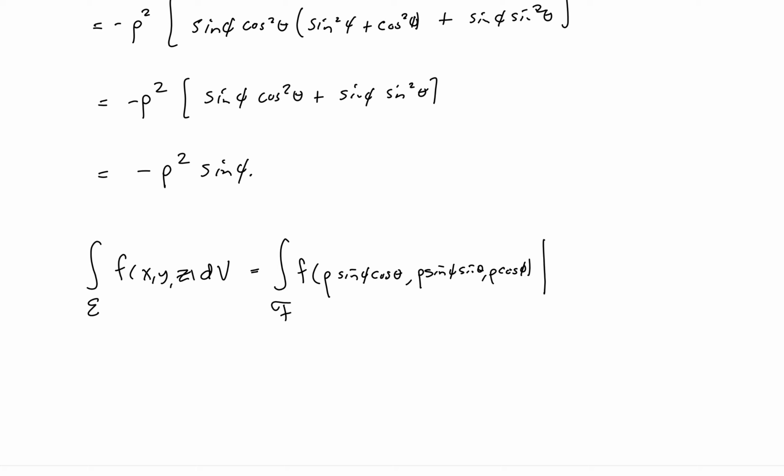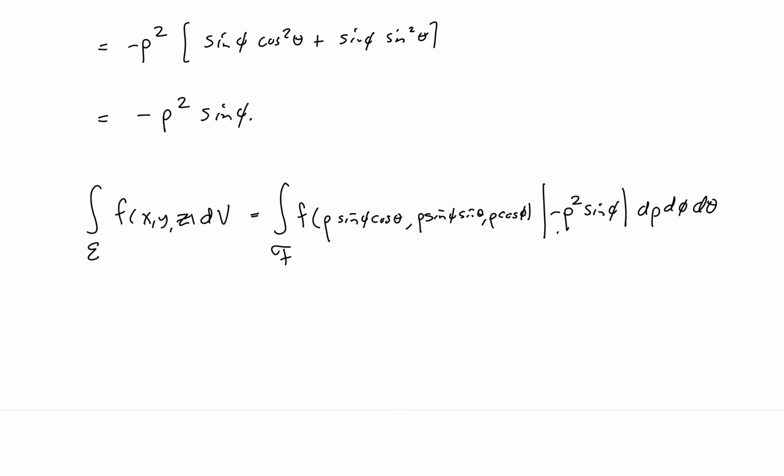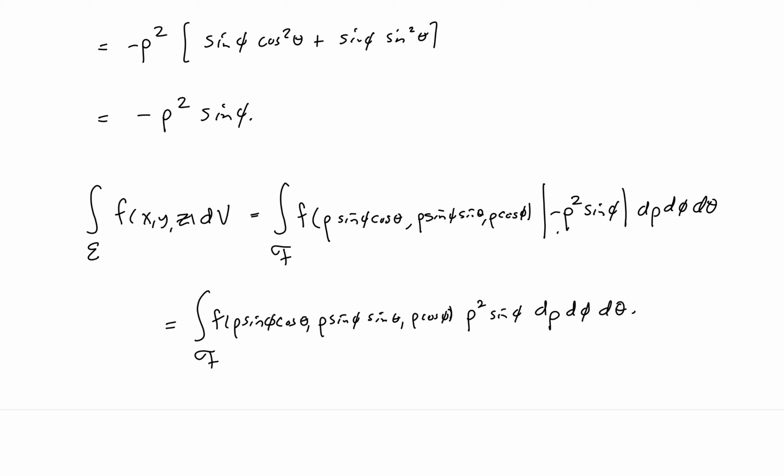And now I get the absolute value of the Jacobian, d rho, d phi, d theta, and that gives us exactly the transformation formula for spherical coordinates, because that absolute value gets rid of our negative there with the rho squared sine phi. So even though we drew that nice picture when we were doing spherical coordinates to get where that rho squared sine phi was coming from, we see if we just do change of coordinates, it falls out automatically, which is quite nice.